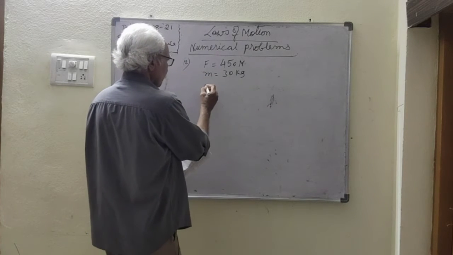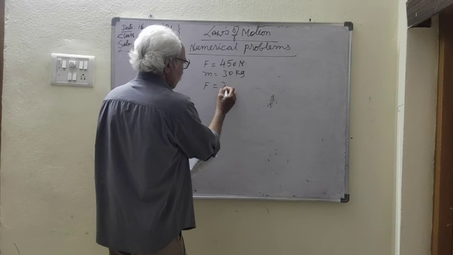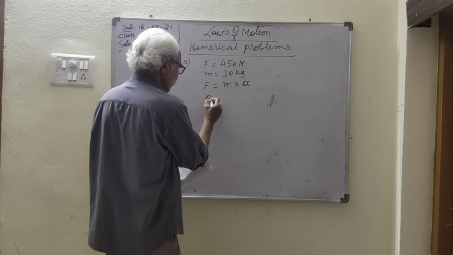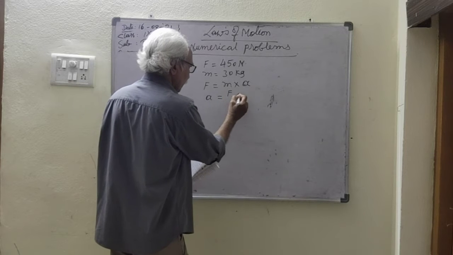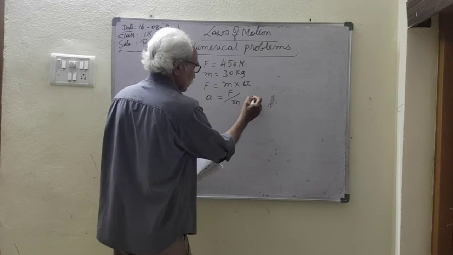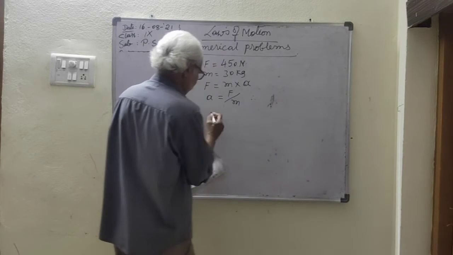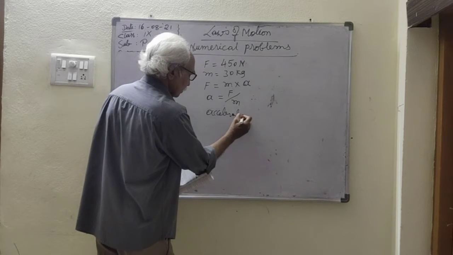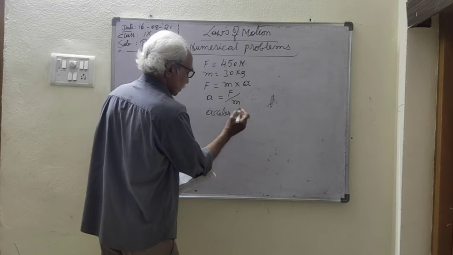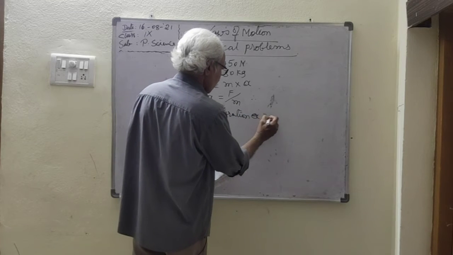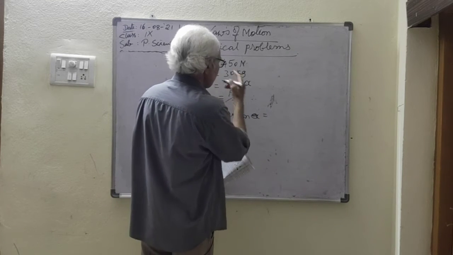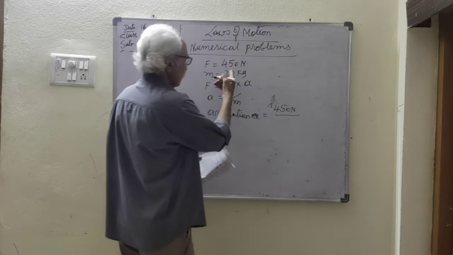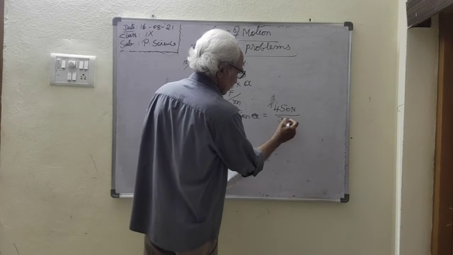Generally force is equal to mass into acceleration. So acceleration is equal to force by mass. Force is 450 newtons by 30 kg.